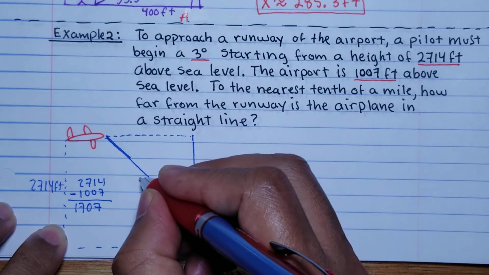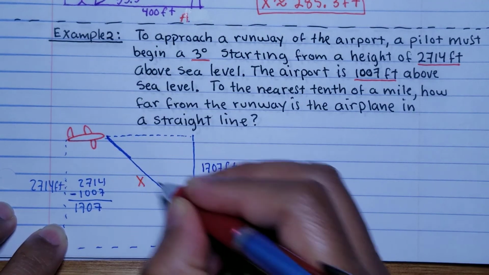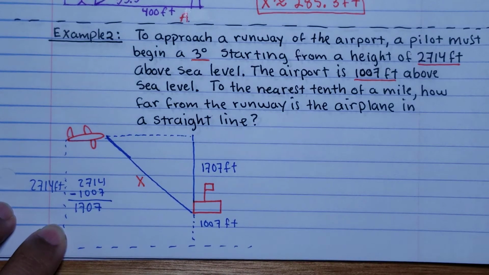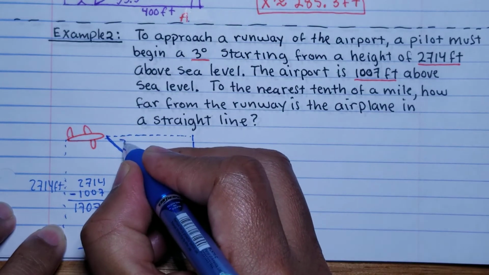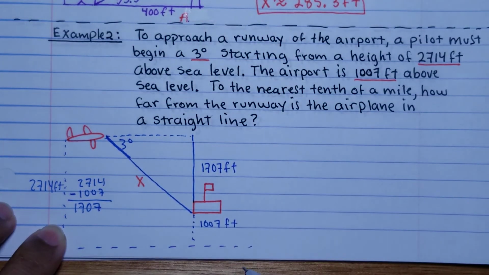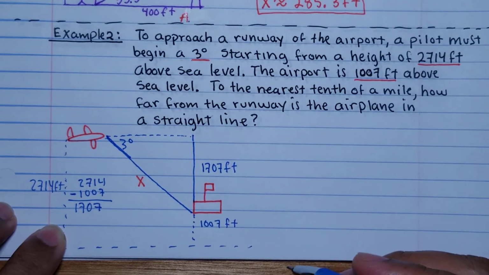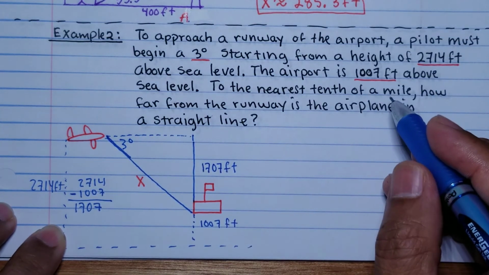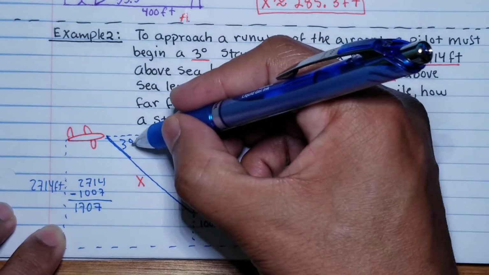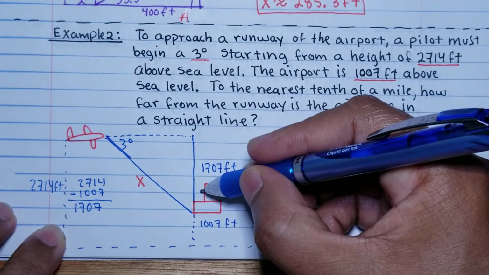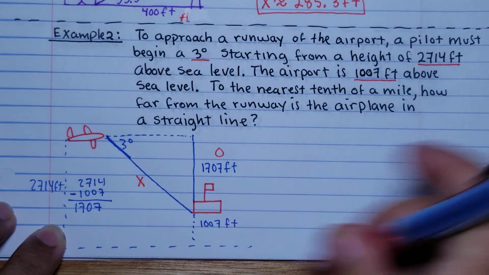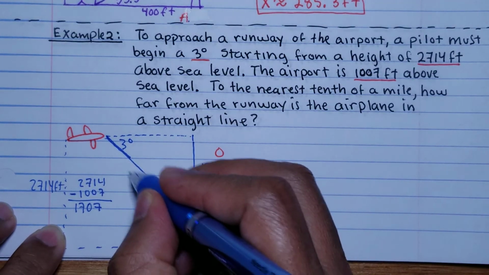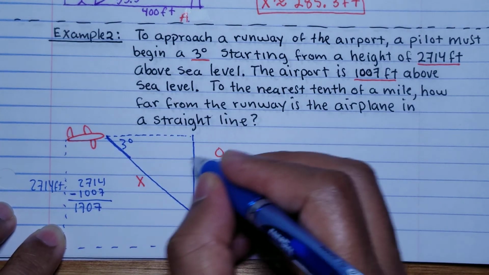Okay, so this will be x. So now the angle, this angle, they're saying that is 3 degrees. And again, I know this does not look like a 3-degree angle, but we're just trying to get an idea as to how we need to work this problem out. So based on this angle of reference, this side is going to be the opposite, and we know that this one here is, okay, the hypotenuse.